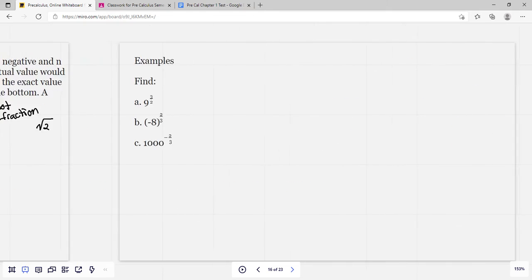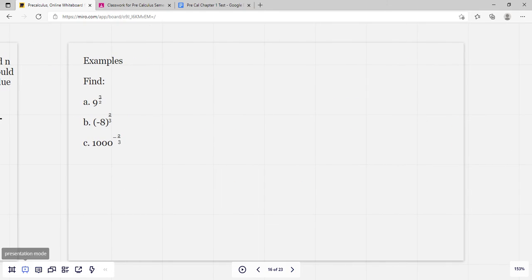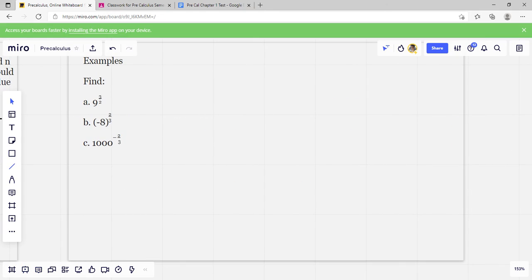All right, let's try some of these. We have to find these. We've got 9 to the 3 over 2. When I write that, remember, square root means x to the 1/2. See, I did that wrong. So x to the 1/2 is the square root, 1 here, half there.